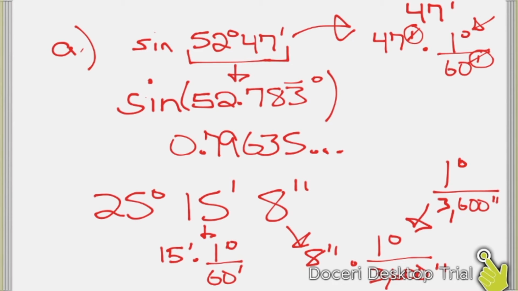And then you're just multiplying that by the 8 seconds, and then the seconds cancel, and you do 8 divided by 3,600, and then you just add that to the other decimal part. You get your full decimal, which would be 25 point something, something, something, and then you just find whatever trig function it tells you to after that. Okay, so that is number 24.